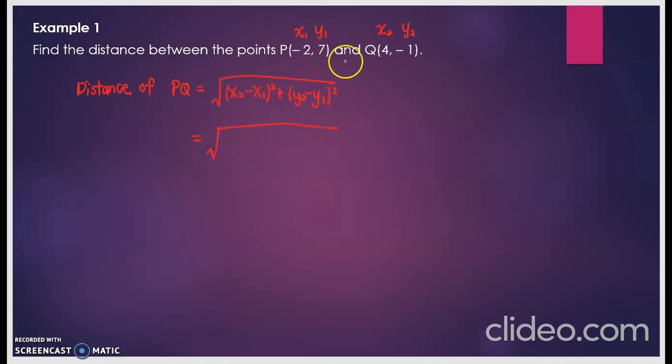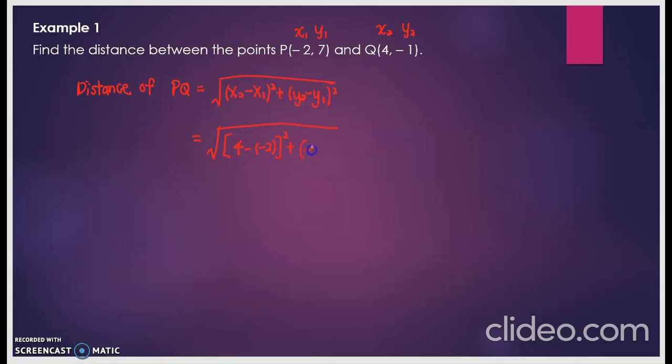So by plugging into the formula, our x2 will be 4. So in the bracket, 4 minus x1. x1 is negative 2, so I put a bracket, negative 2, squared, plus y2, which is negative 1.